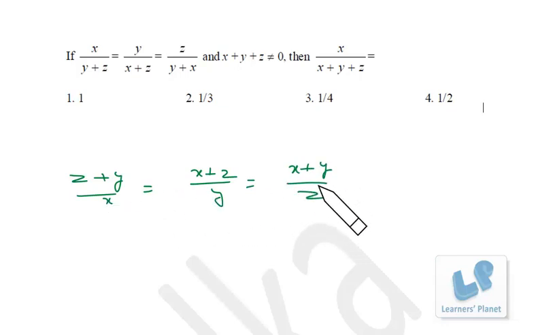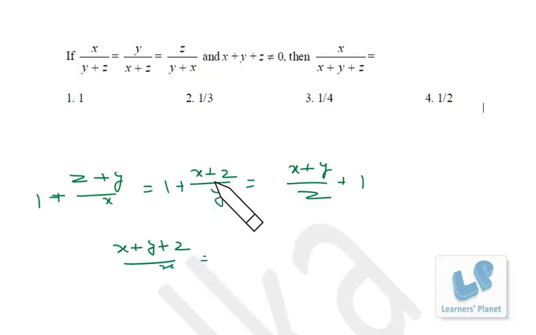Now if I add 1 in all three, they will still be equal. If I take the LCM, I'll be getting x plus y plus z by x, x plus y plus z by y, and x plus y plus z by z. So I can take x plus y plus z common from all three terms, and we will have 1 upon x is equal to 1 upon y is equal to 1 upon z.